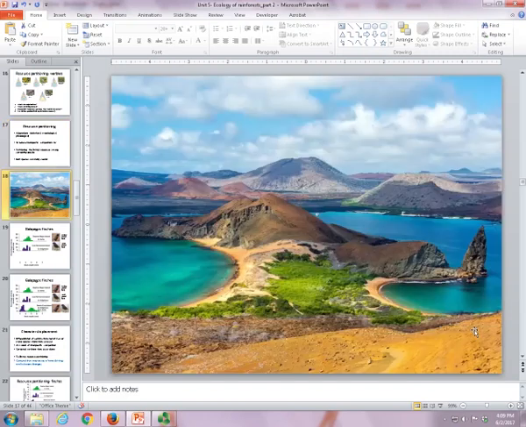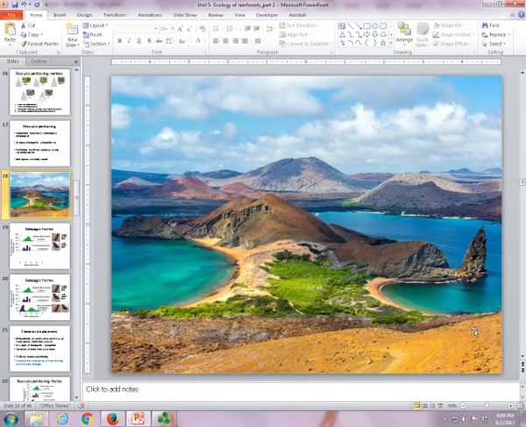Now we are going to a very remote area on the planet, but there's a direct link between this place and our class. So do you recognize this place? It's highly volcanic. This is Galapagos Islands, right?